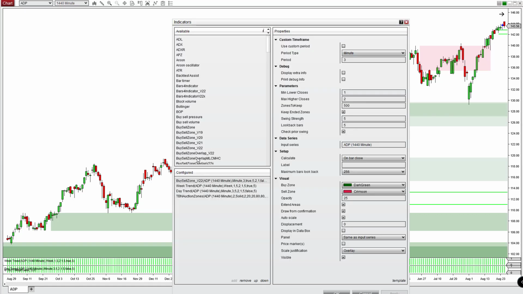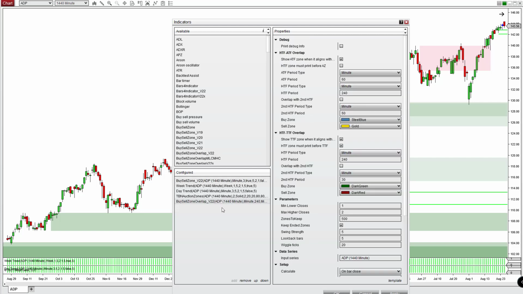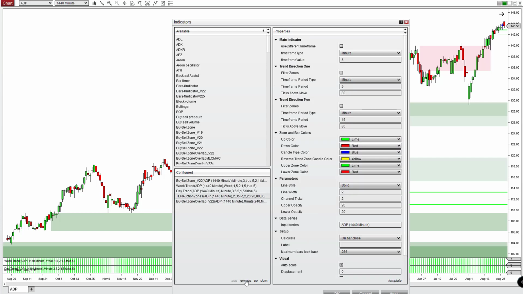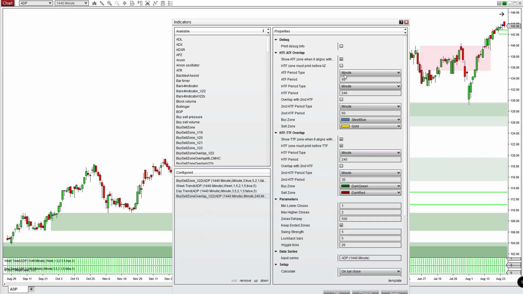the overlap. So if we remove all of this, I'm going to remove the auction zones. The overlap actually has the auction zones built into it, but it's only going to show you where your market structure overlaps with your momentum zones or your auction zones.